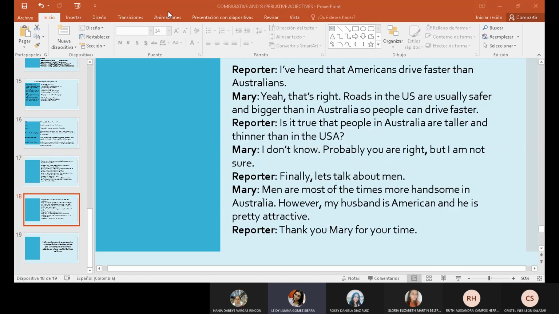I've heard that Americans drive faster than Australians. Yeah, that's right. Roads in the US are usually safer and bigger than in Australia, so people can drive faster. Is it true that people in Australia are taller and thinner than in the USA?